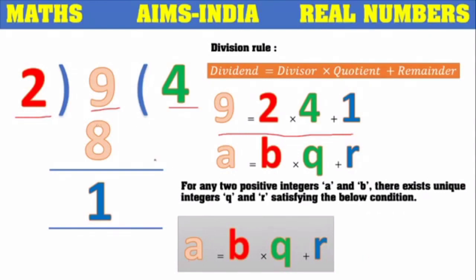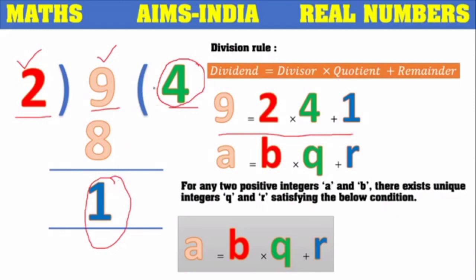Here we have taken two positive integers, one is 9 and another one is 2. For those two positive integers a and b, there exist two more integers like 4 and 1 which are unique. Unique means one and only one.